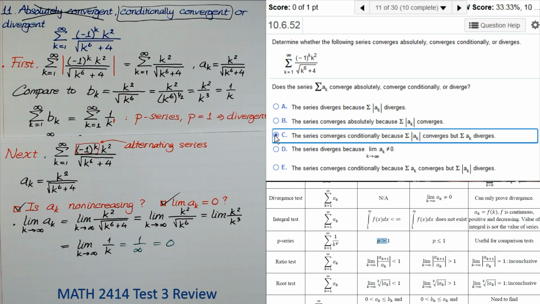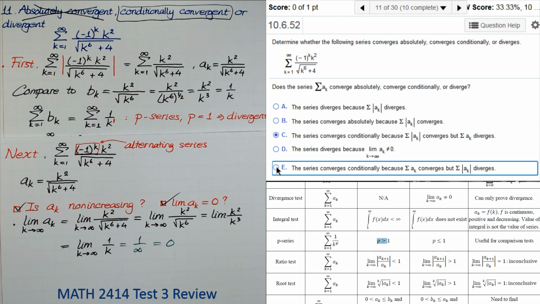The series converges conditionally because the series converges without absolute values, but with the absolute value, it diverges, and that's exactly what we have.